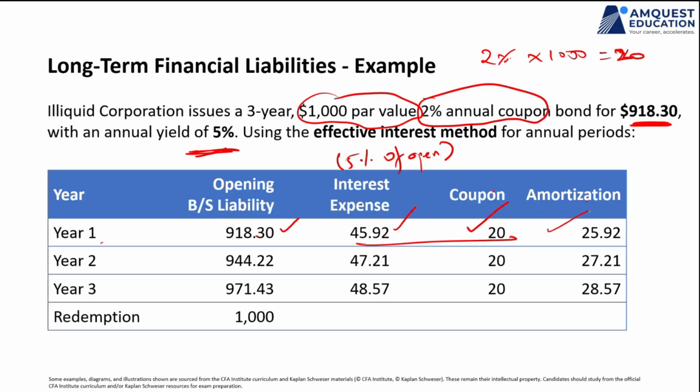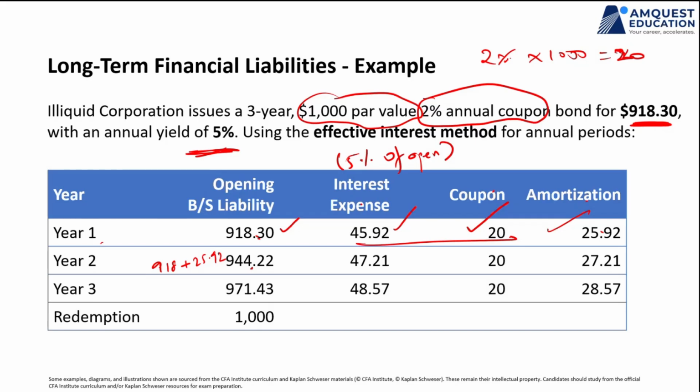The amortization is 25.92. This means the bond value will be going up by 25.92 to 944. 944 is nothing but 918 plus 25.92. Now your liability value is 944.